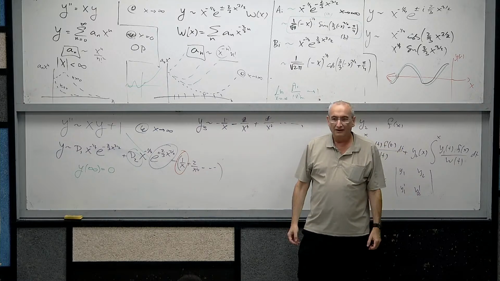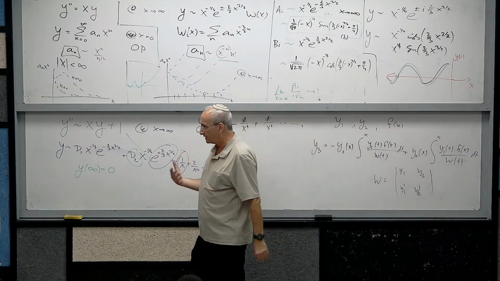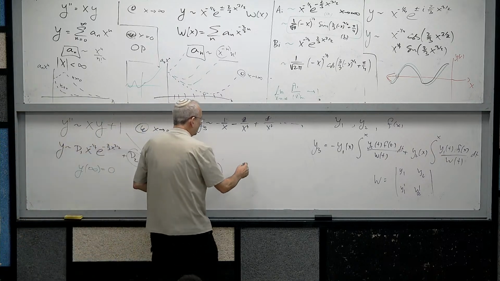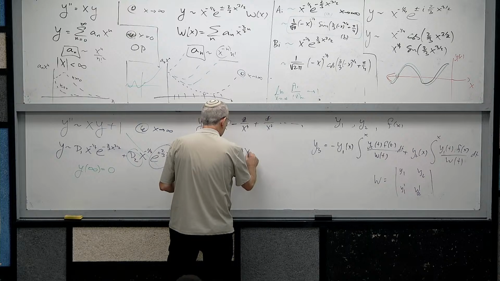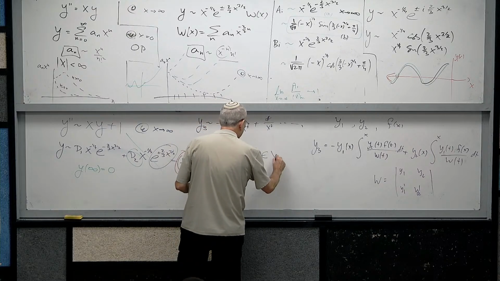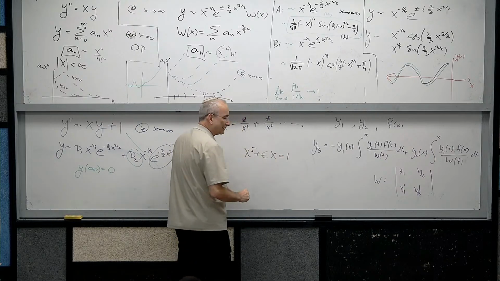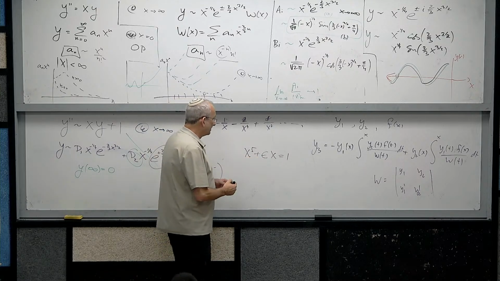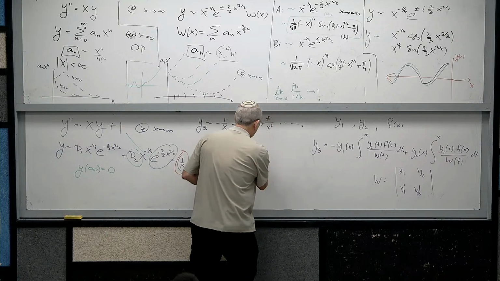To do that, we should use perturbation theory. The way I showed you in the first lecture, the example was x to the 5th plus, let's say, epsilon x equals 1. So the epsilon is like having the Schrödinger equation.